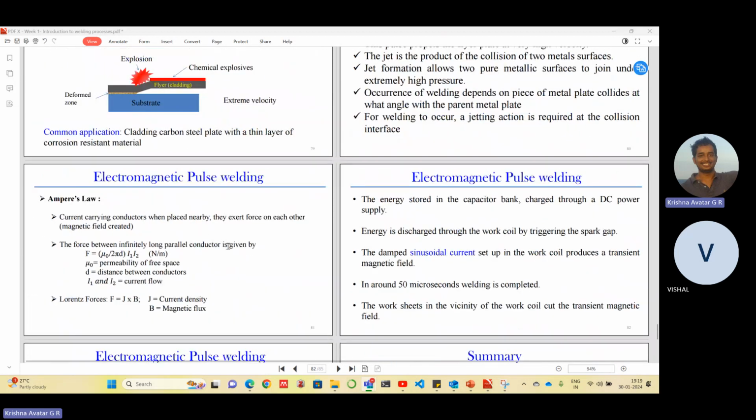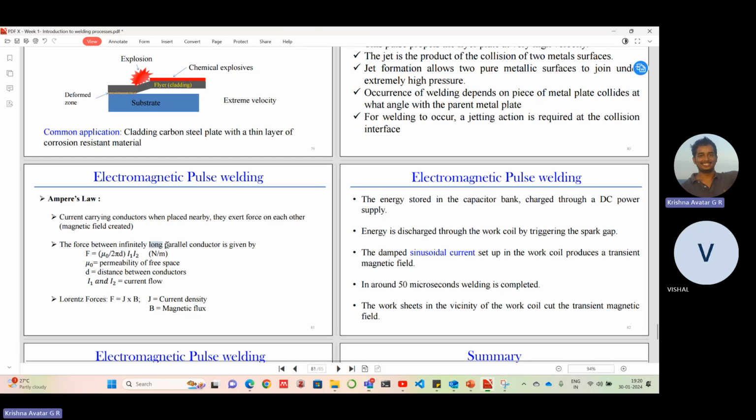And then we also have electromagnetic pulse welding. In this case, we use Ampere's law, which says that when a current flows through a conductor, it produces a magnetic field about itself. If we have two conductors through which current is passing, they will exert force on one another.